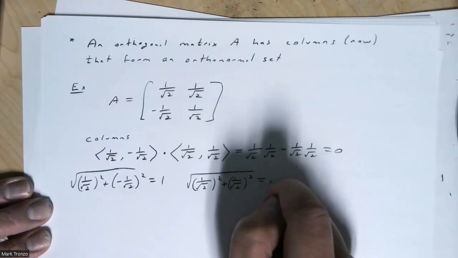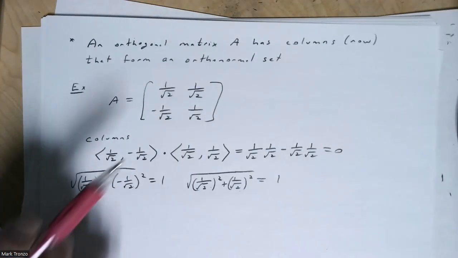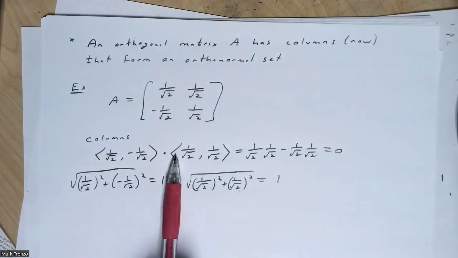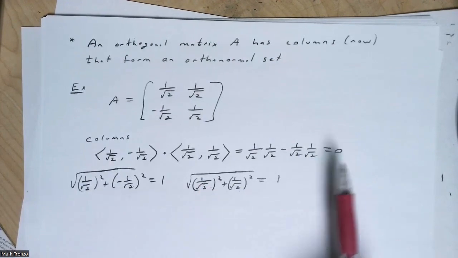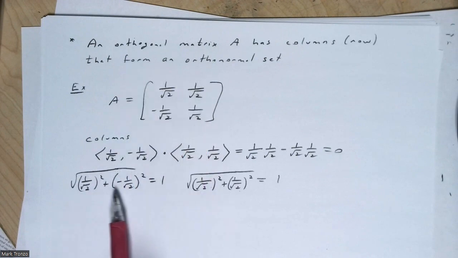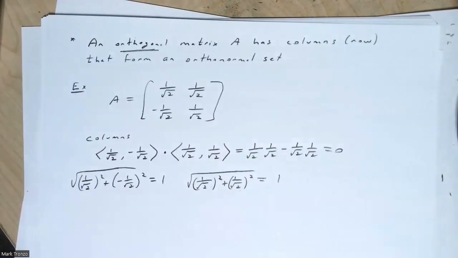Same thing, a half plus a half, square root of 1, which is 1. So the columns form an orthonormal set. And if you had 3 columns, you'd have to be sure all the pairs, when you took the dot product, came out to be 0, and that the length of all the columns, the square root of the sum of the squares, would all come out to be 1. That's the definition of an orthogonal matrix.